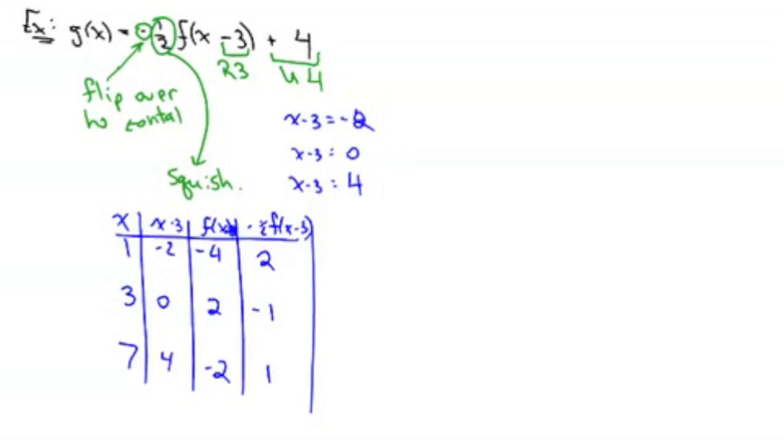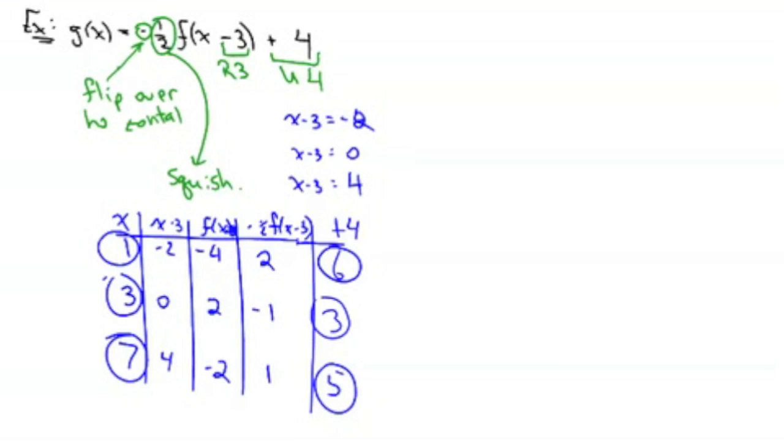And the last column is, we just want to add 4 to everybody. So if you add 4 to everybody, 2 plus 4 is 6. Negative 1 plus 4 is 3. 1 plus 4 is 5. So the coordinates we're going to plot are 1 and 6, 3 and 3, 7 and 5. And then graph it real quick.